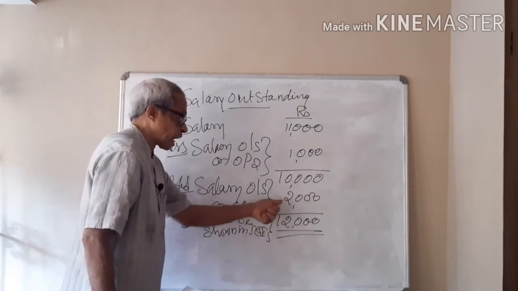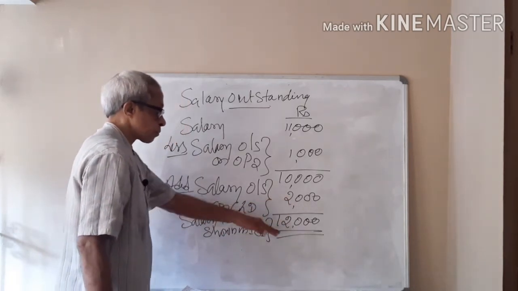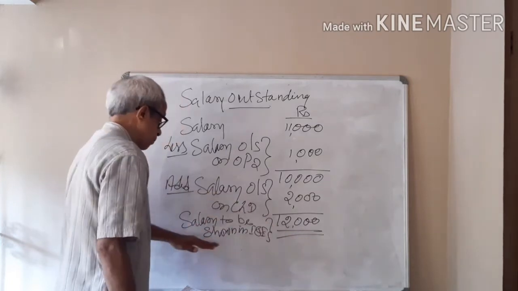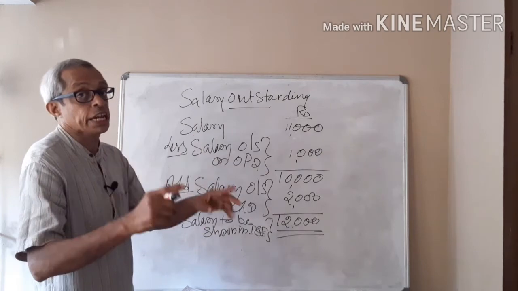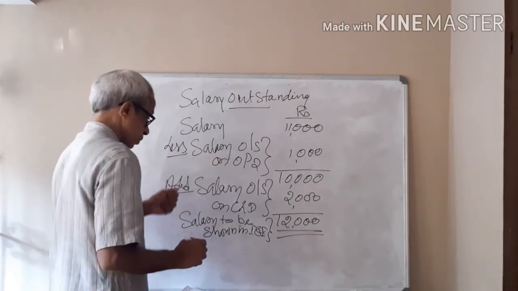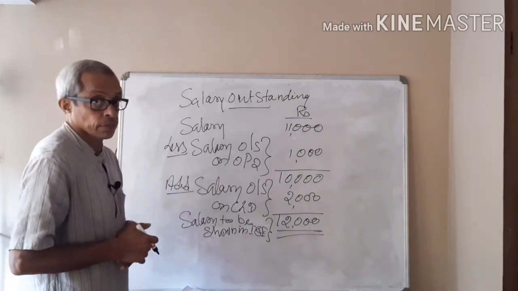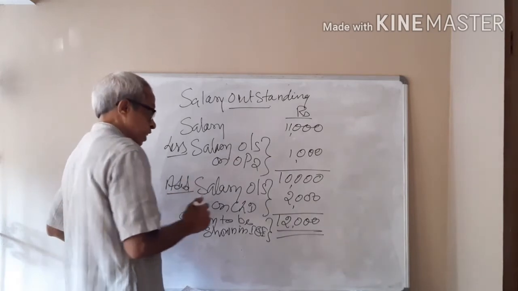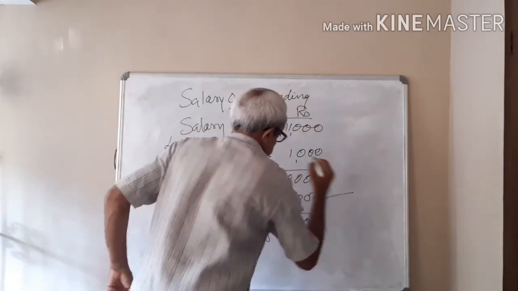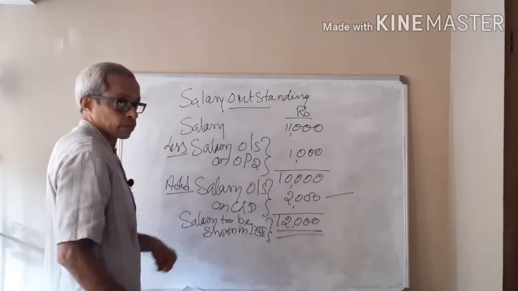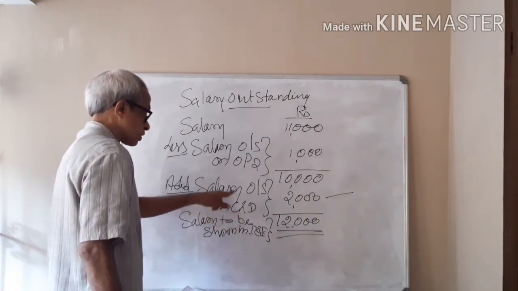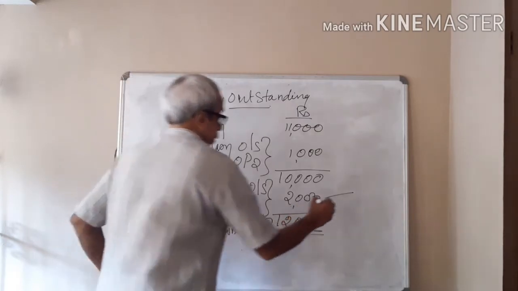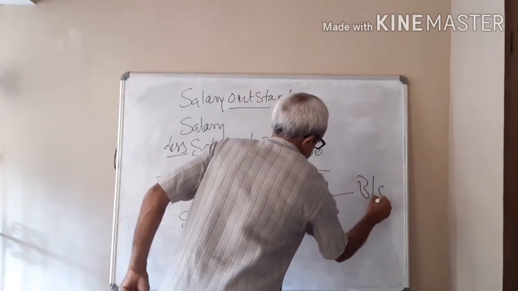When we add that, the resultant figure will be the salary amount to be shown on income and expenditure account. In the balance sheet, this 2000 amount, that is the closing date balance of salary outstanding, may be shown.